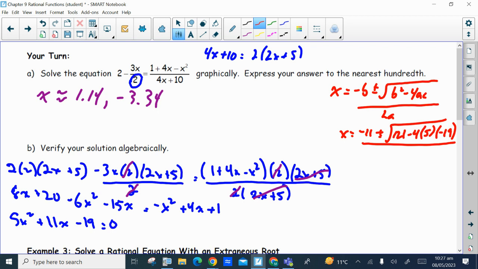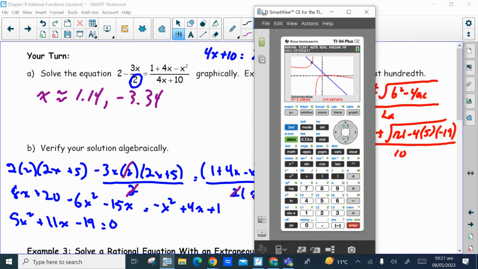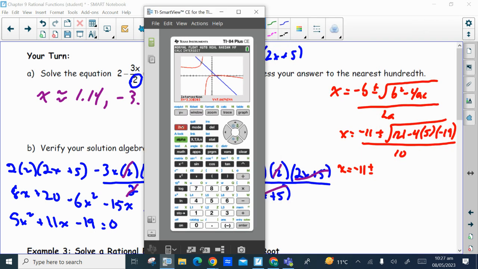All over 2 times a, which is 10. And when you figure out the discriminant here, 121 minus 4 times 5 times negative 19 is positive 501.